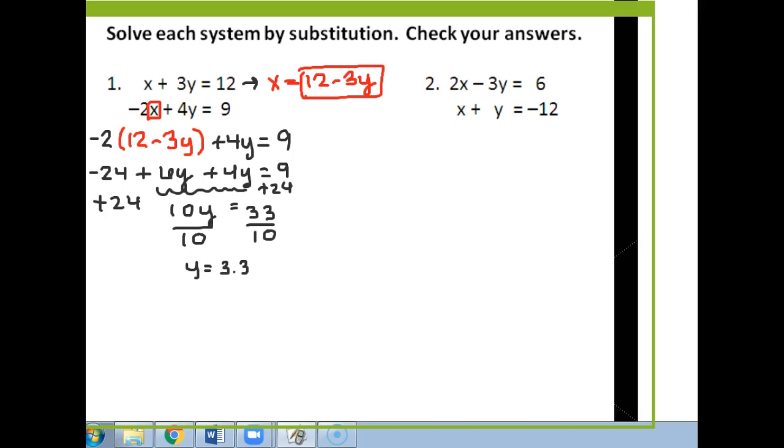And then what I'm going to do is take that y and plug it back in here. I can plug it back in there. I can plug it back in here. So I can plug y in for y in any of those equations to solve for x.